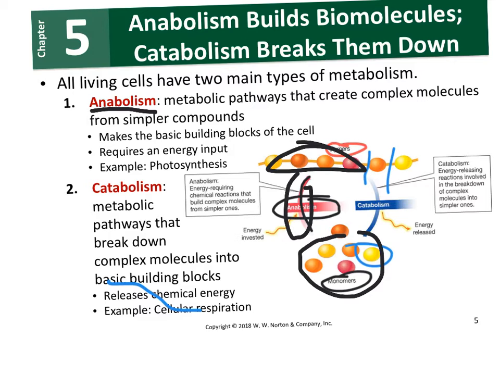Okay, and then you can also go the other way, take polymers and break them down into simpler monomers. That's called catabolism, or catabolic. Usually enzymes do both of these different things. They can either add things or break things down.